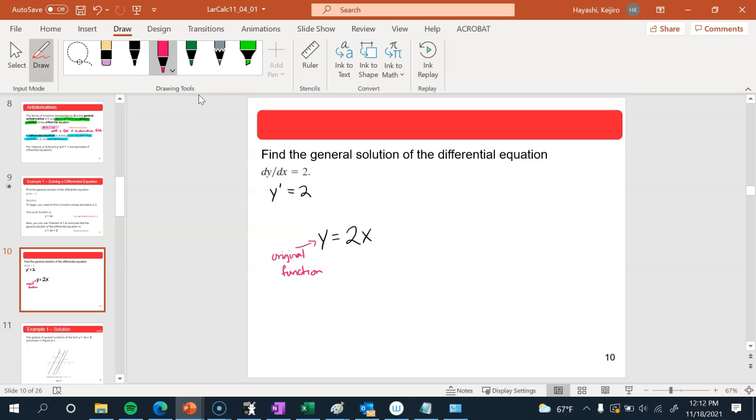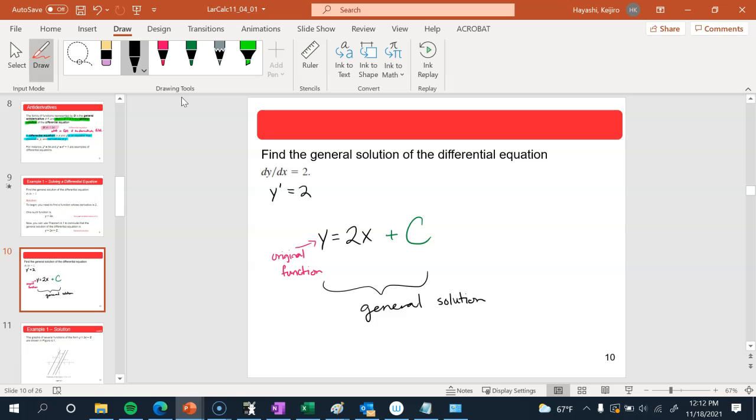And that original function is what you're looking for. That original function is the solution to this differential equation. The question of, okay, what gives me a derivative of 2? And with a plus c added at the end, that is going to be a general solution.